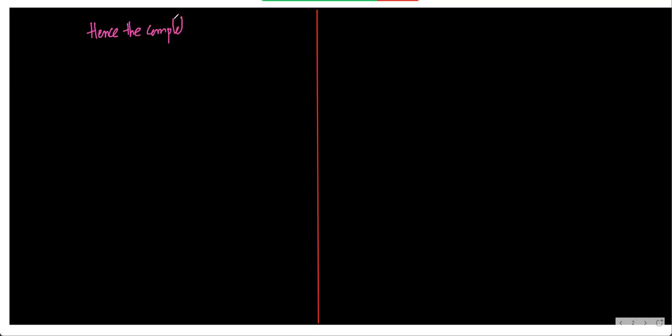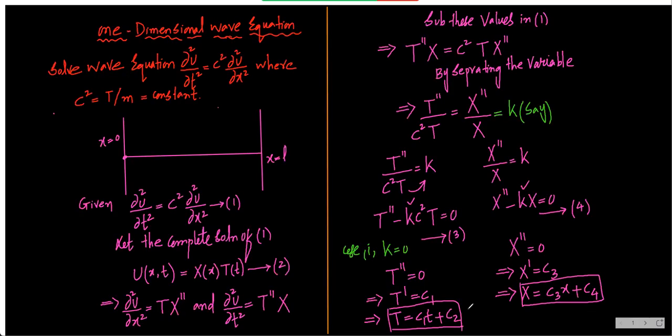Hence the complete solution of equation number 1 is, what type of solution did we get? U of x comma t is equal to, now we can see the value of T we got. This is T, C1 of t plus C2, and this is X.